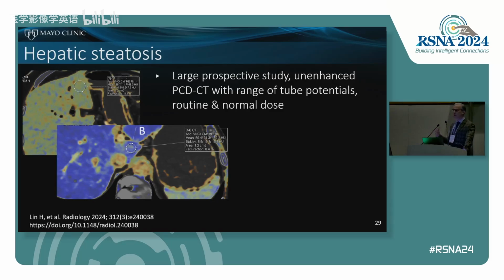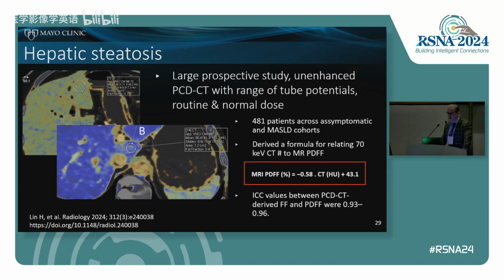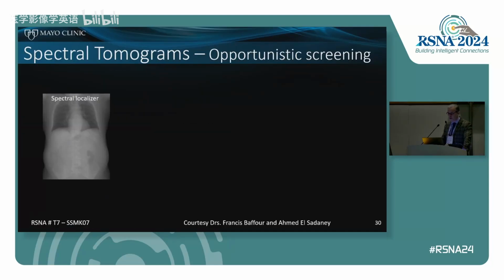They used a large range of tube potentials at routine and lower dose to show, in a prospective study of 481 patients that were asymptomatic or had masld, using a derived formula with these reproducible 70 keV CT number images, that the interclass correlation coefficient was nearly perfect when compared to the MR-PDFF.